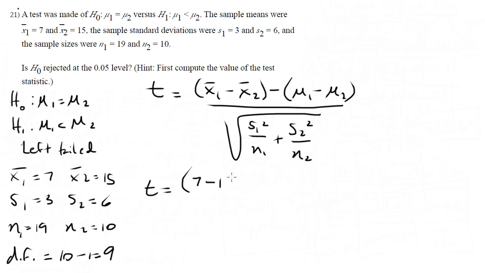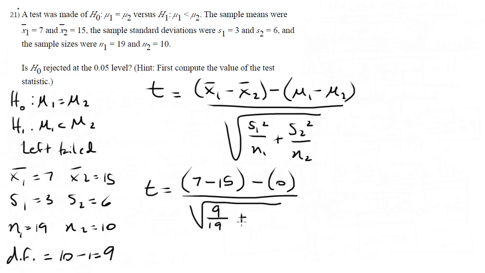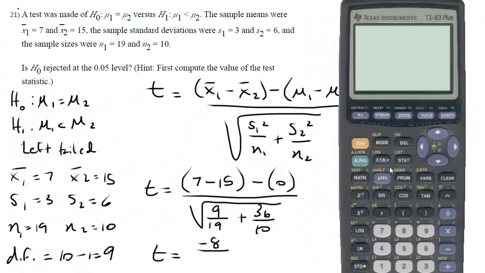Substituting 7 minus 15 minus 0 over the square root of 9 over 10 plus 36 over 10. So t equals negative 8 over, let's see, the square root of 9 divided by 10 plus 36 divided by 10.